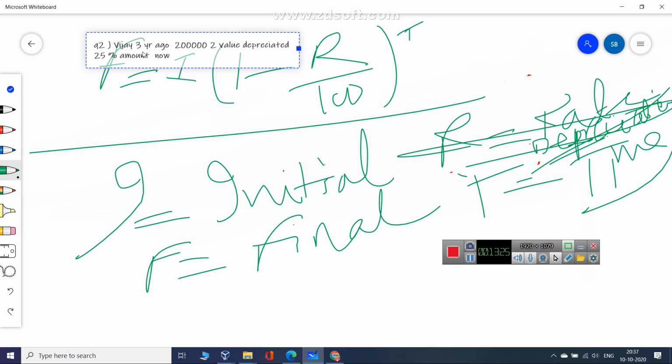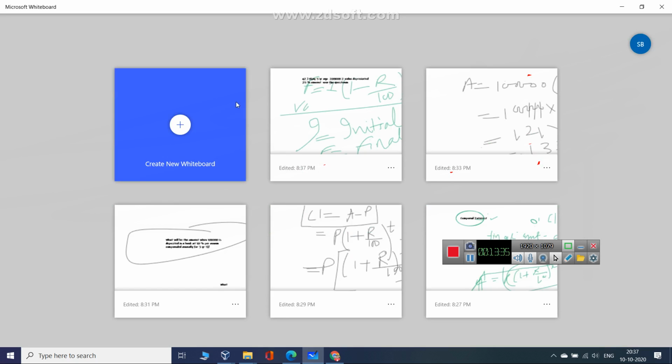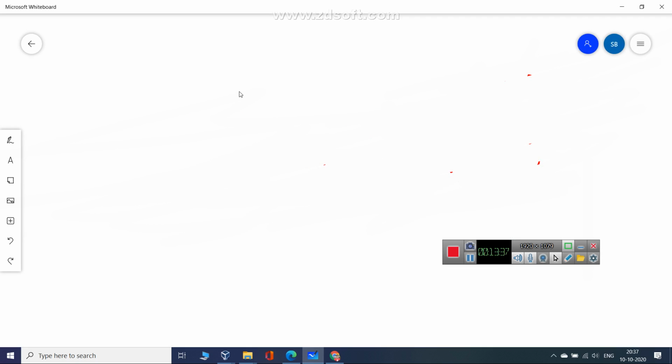Now the question: what is the value of that car? Now we are going to solve this.